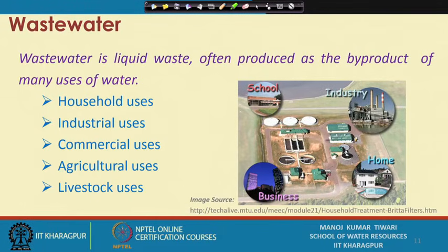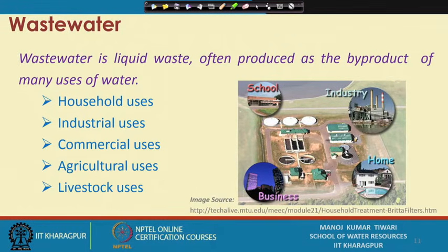So, from any of these uses or for that matter any other uses, whatsoever processed water or byproduct in the form of used water is produced after use is typically referred to as wastewater.